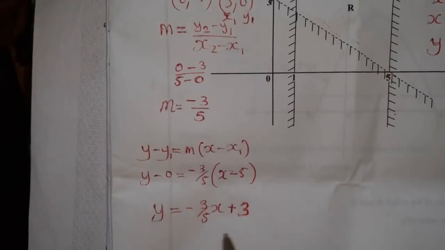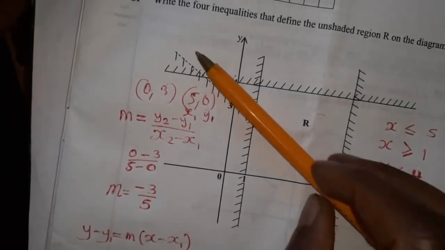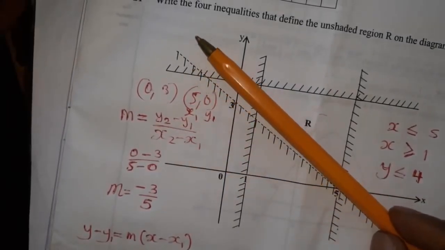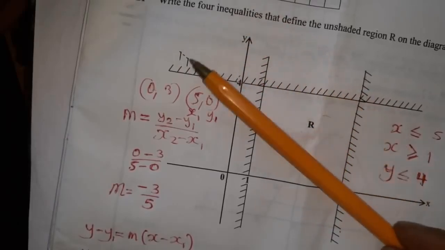This is an equation. So the inequality now is going to take us to the region. When you look at this line, the region that is unshaded is above, which is greater.